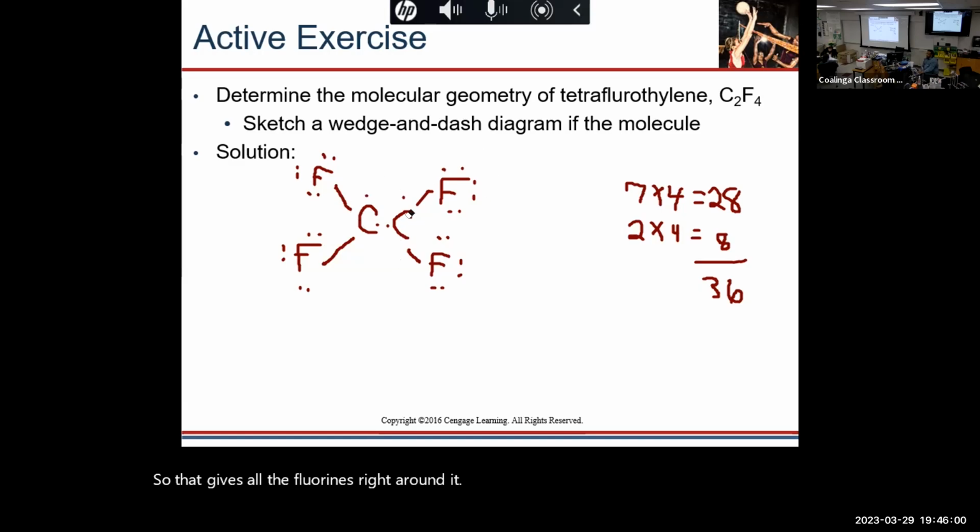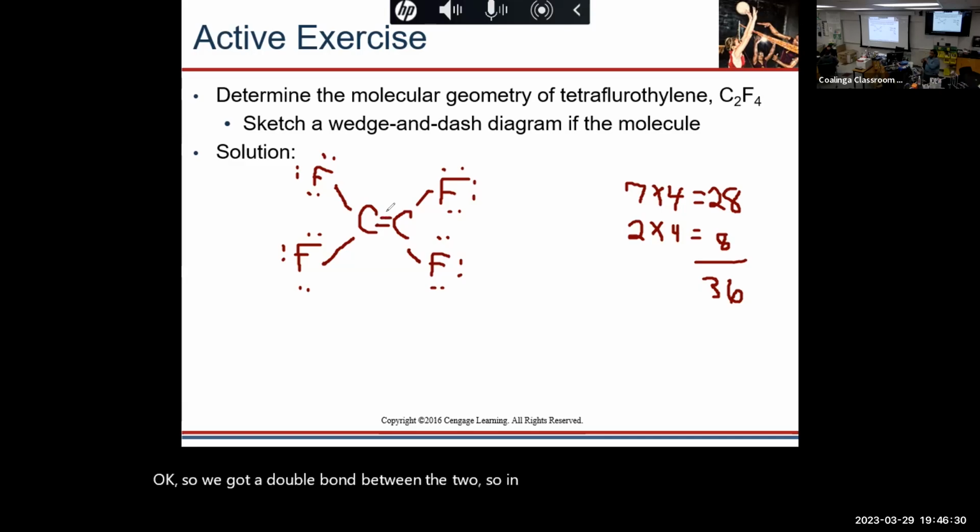So what do the 2 carbons have to do so that they reach their octet? Okay, so we get a double bond between the 2.